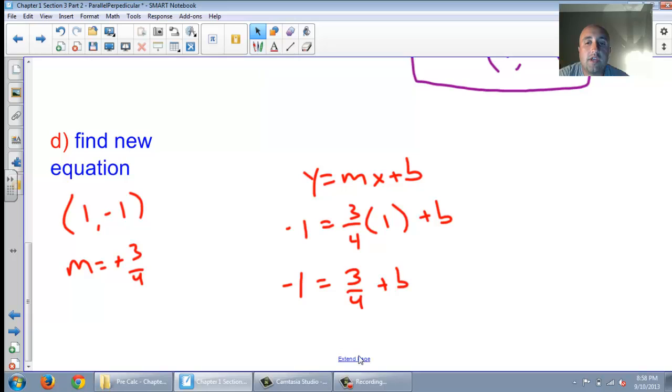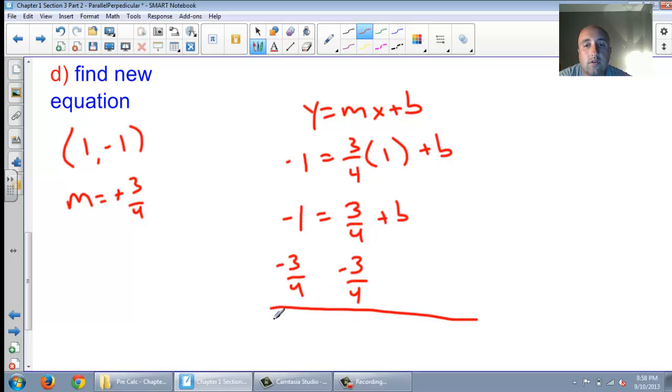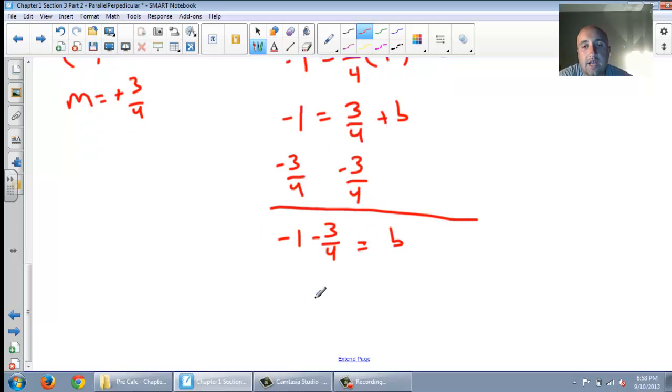I need to extend the page here a little bit. Okay, so continuing on, how do I get rid of a positive 3/4? I get rid of a positive 3/4 by subtracting 3/4 from both sides. So we have negative 1 minus 3/4 equals b. Okay, so lastly we need a common denominator.